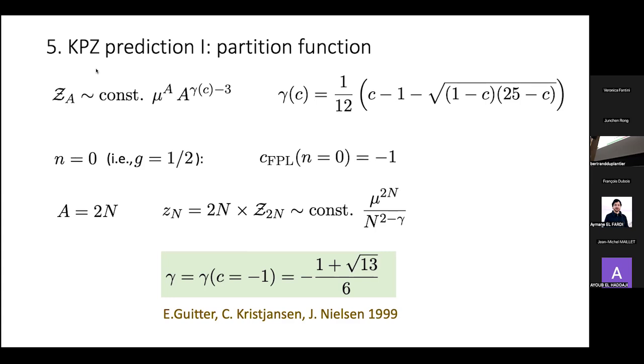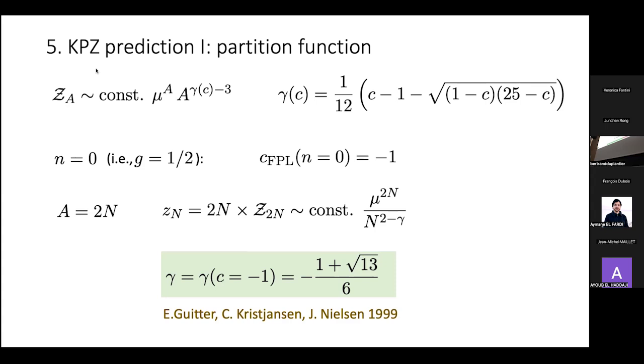And this one scales like n to the 3 minus gamma minus 3. And A, of course, the area is simply 2n, the number of sides. So you get mu to the 2n times n to the 2 minus gamma. You calculate gamma of C minus 1, and it's given by this formula. That corresponds to the value we saw before in the original slide.